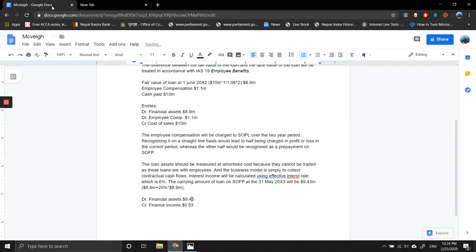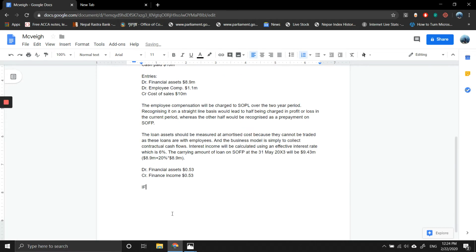So that financial asset already includes 8.9. So using an effective interest rate, that will be the entry at the year end.